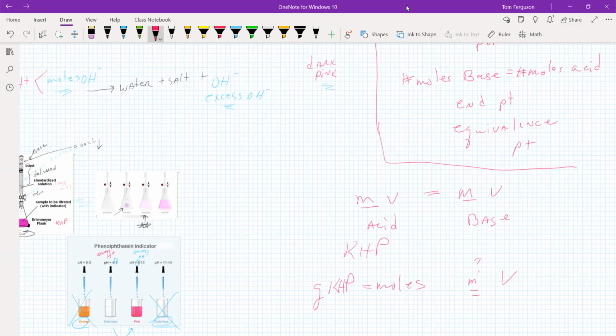We know how many grams of KHP we used. We calculate via the molar mass how many moles of KHP. It'll be the same at the endpoint only. If you go past it, you're going to end up with excess sodium hydroxide. If you do it too early, you'll have excess H plus. You want to do it right at the endpoint. You need to stop, and that'll give you concentration of your sodium hydroxide.